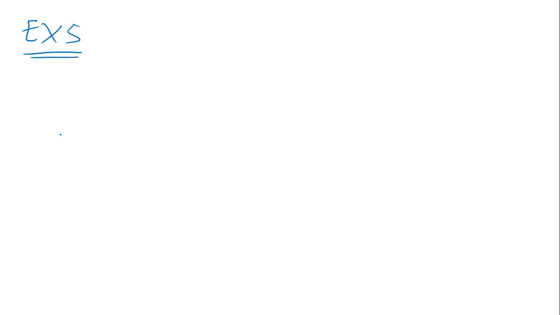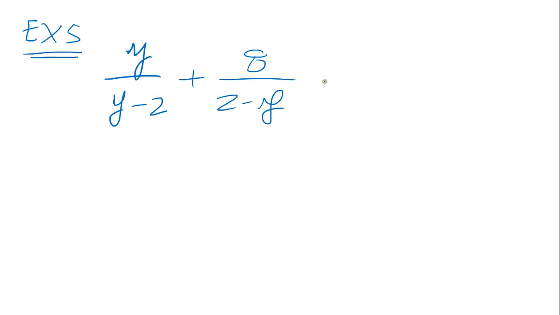Alright, example. Oh, no, I've done it. I do example 5. Oh, yeah, okay. I'm on example 5. Okay. So basically, I just want to add y over y minus 2 plus 8 over 2 minus y.